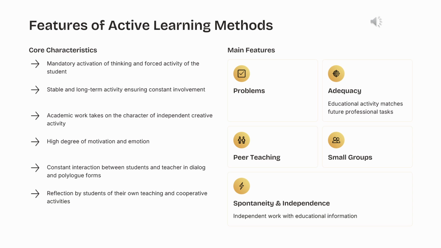In addition, several structural features are emphasized: problems, adequacy to future professional tasks, peer teaching, small group work, and spontaneity, together with independence in dealing with educational information. Consequently, active learning differs from traditional instruction, not only in external form, but in the internal logic of student participation.